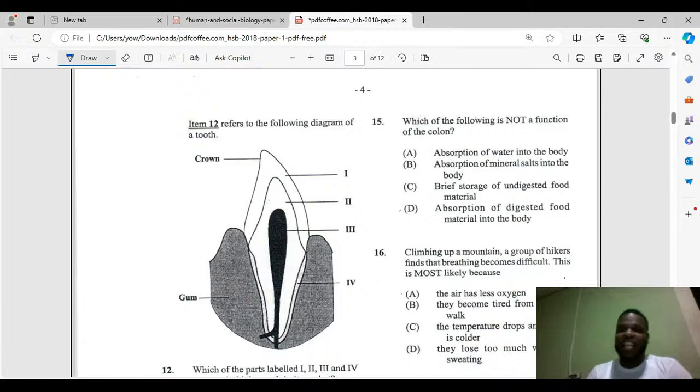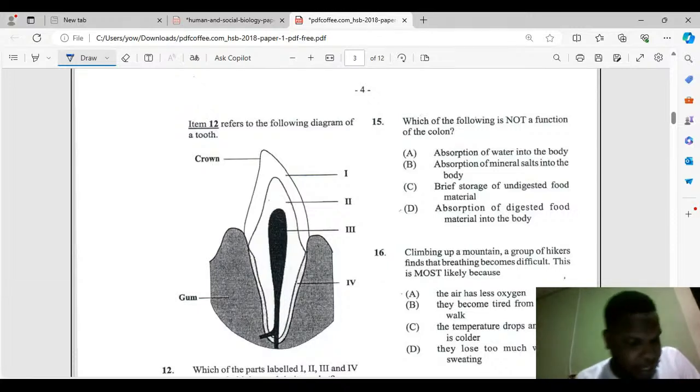To absorb water into the body, to absorb mineral salts into the body, brief storage of undigested food material, and absorption of digested food material into the body. Not a function, lads.